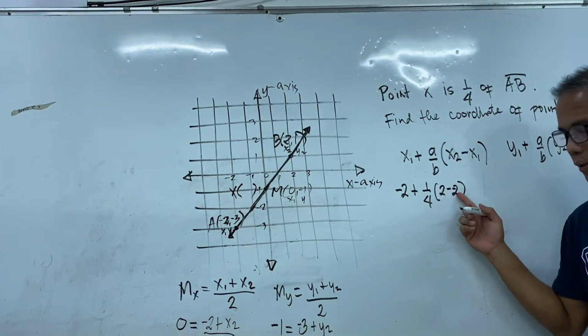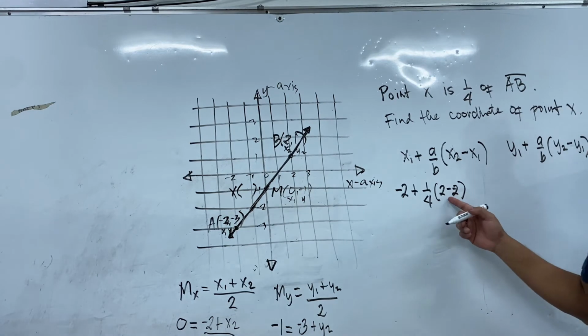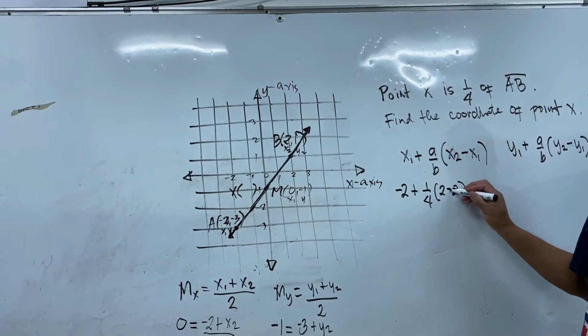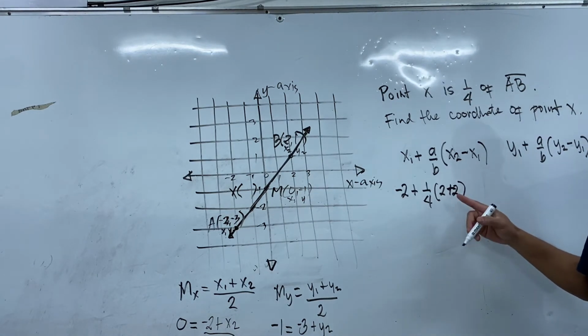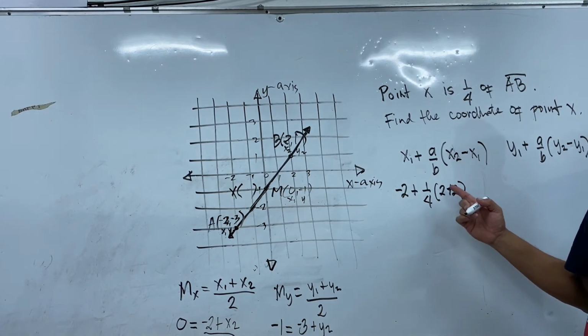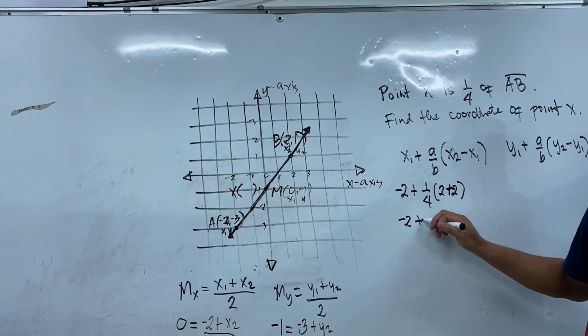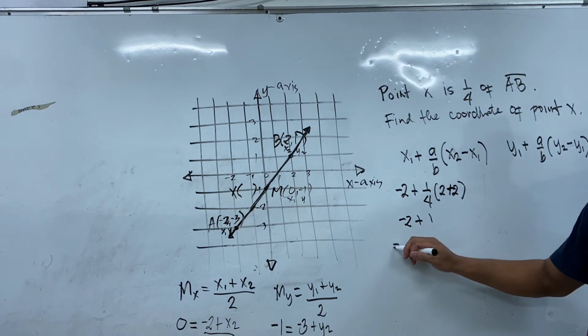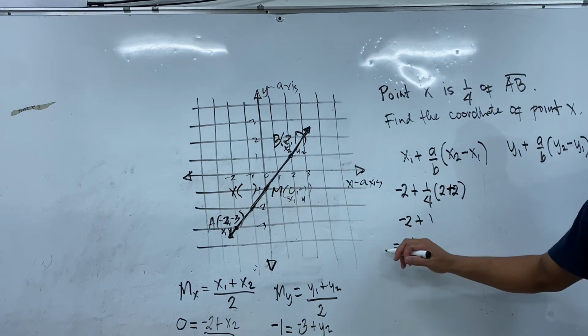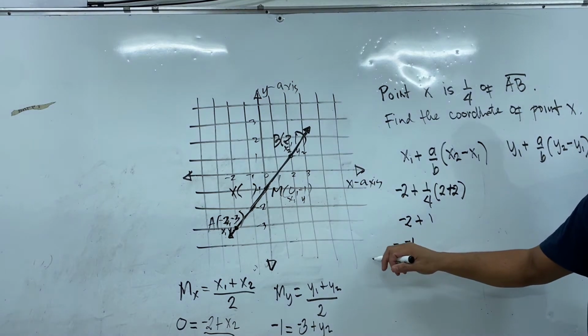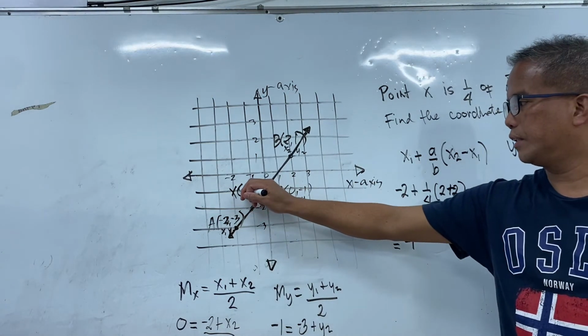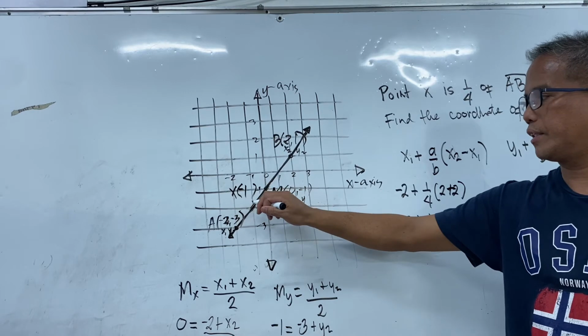Negative times negative will become positive, so 2 plus 2 equals 4. Then 4 divided by 4 equals 1, so negative 2 plus 1. So the answer now is negative 1. So this will be the coordinate of X here, point X.